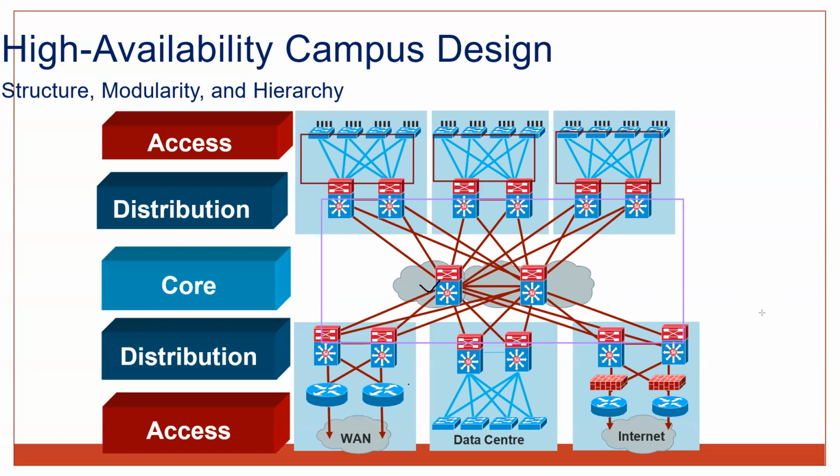So blue and red, L2 and L3. That means within core and distribution, the communication channel that we have is L3, is routed. What is the advantage when we are using this routed connection?